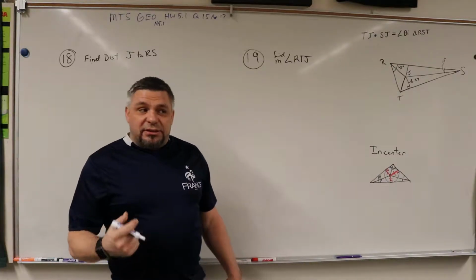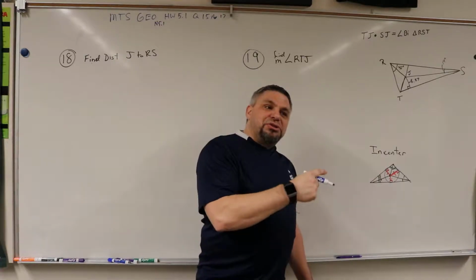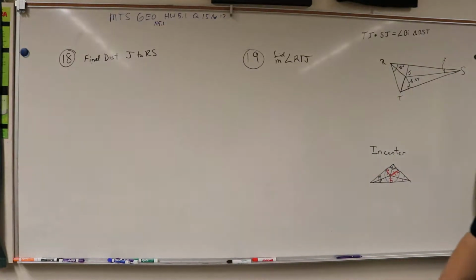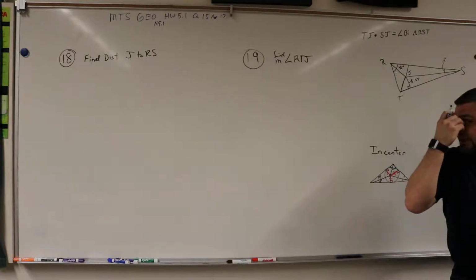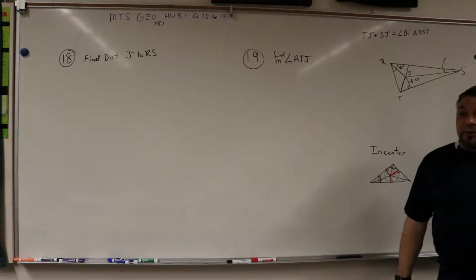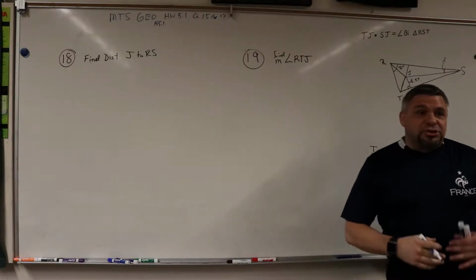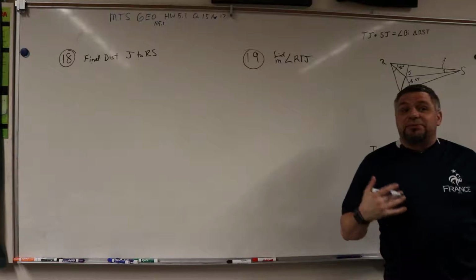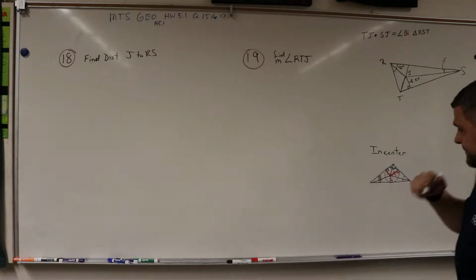So the in-center will always be in the triangle. That is a question that you'll hear a lot on tests, ACTs and stuff like that. Because there's another one called the circumcenter, and the circumcenter isn't always inside the triangle.